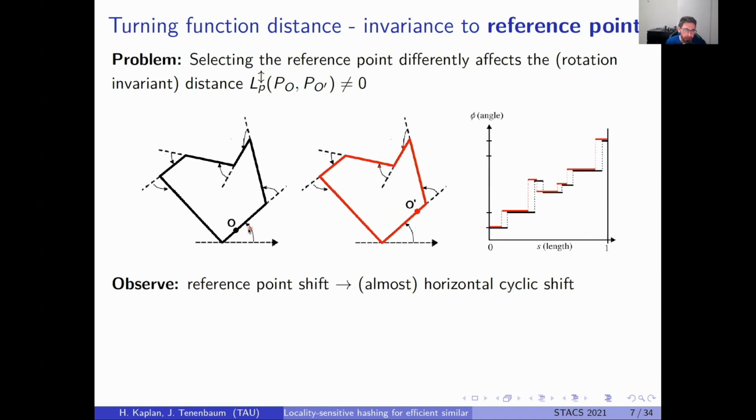It is easy to see, since when we start tracing the turning function from O counterclockwise versus from O prime, the difference is simply that O prime sees all the left and right turns before O, but the turns are the same, hence the increase and decrease in the values are the same, but happen earlier.